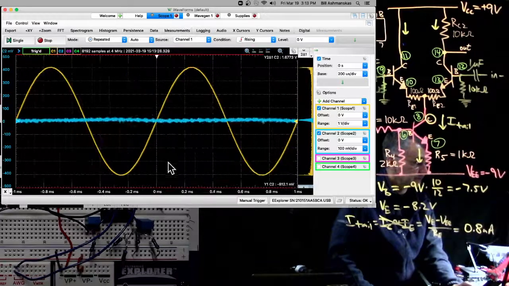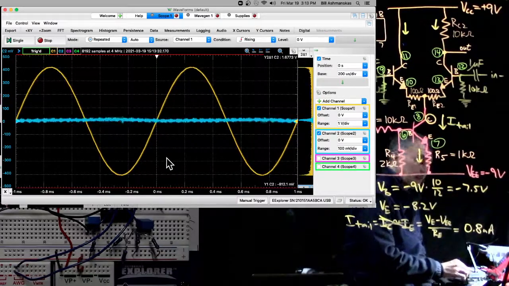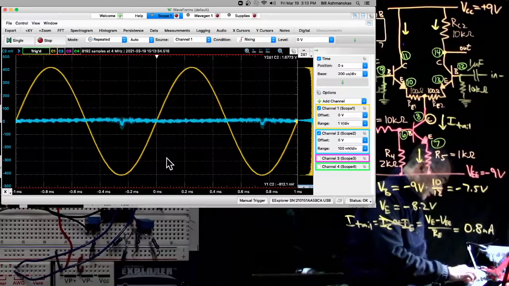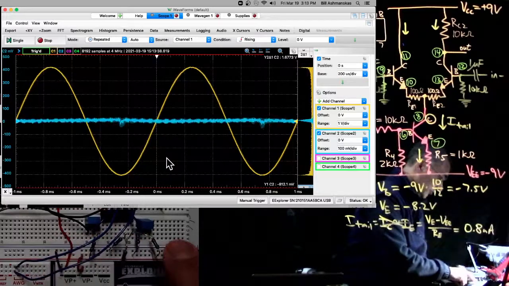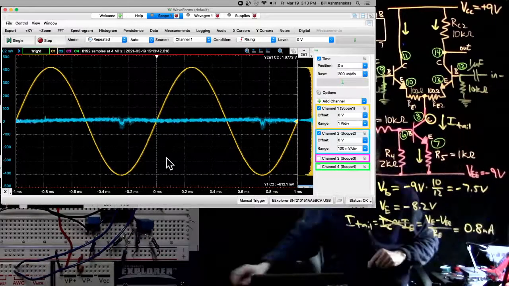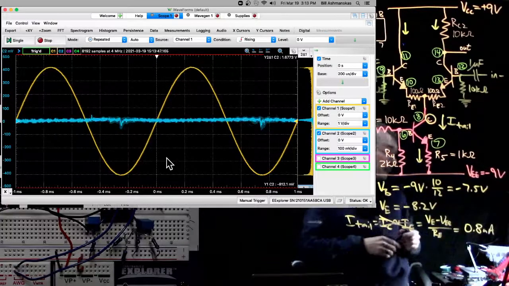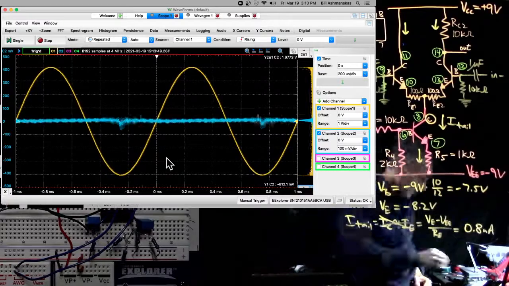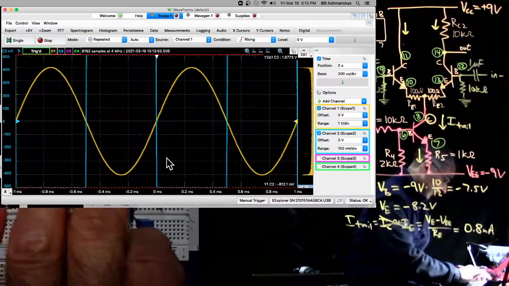Initially, I was putting the waveform signal into this point, this point, and this point, as I had been before. But I think that didn't quite match things up well enough.